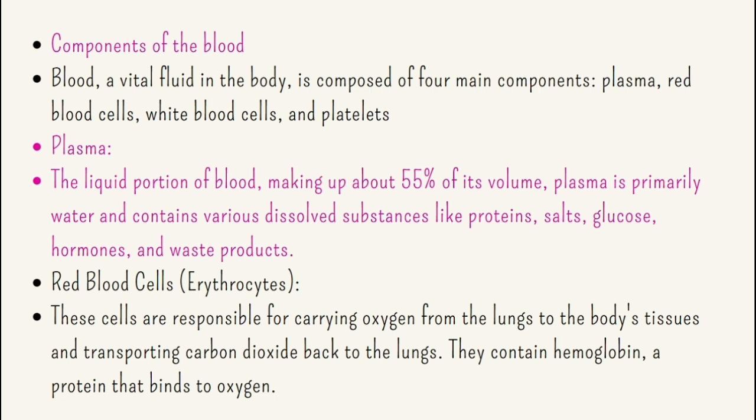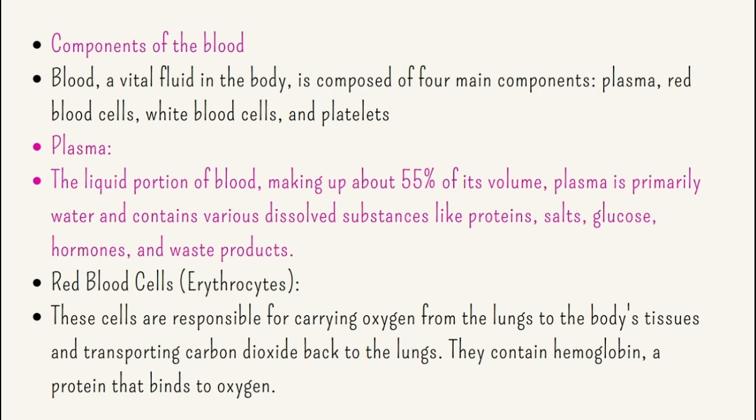So basically plasma and red blood cells are all inside of the blood. When you bleed and just see it like that, your naked eye can't really see much, but put it under a microscope and these four main components of blood will literally be seen.